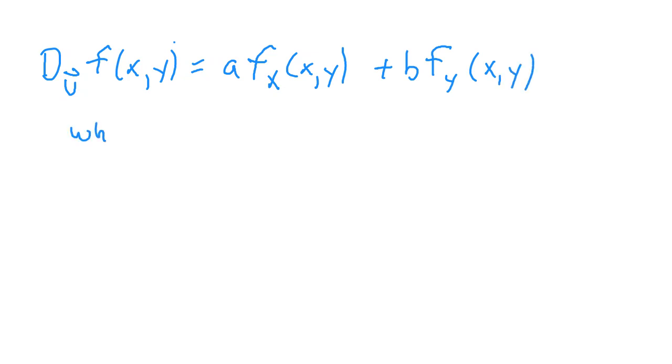And by the way, this is where u has components A and B, and this is a unit vector.